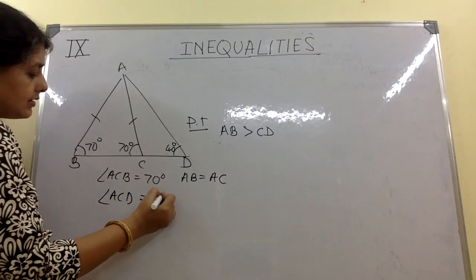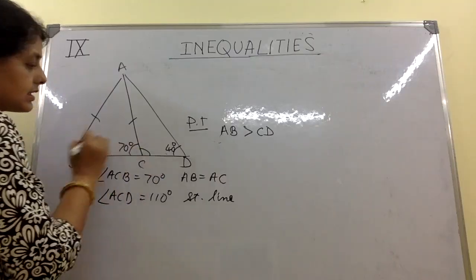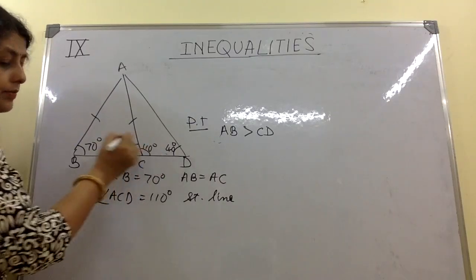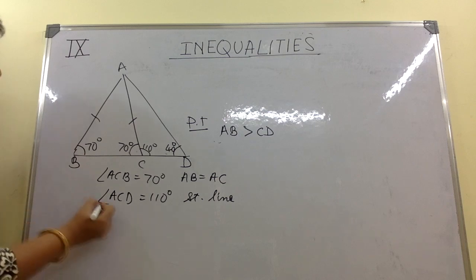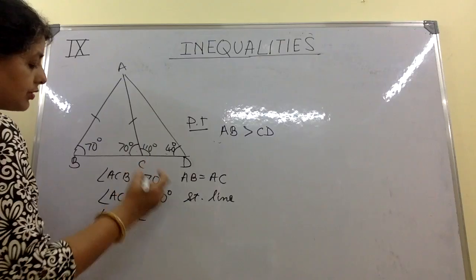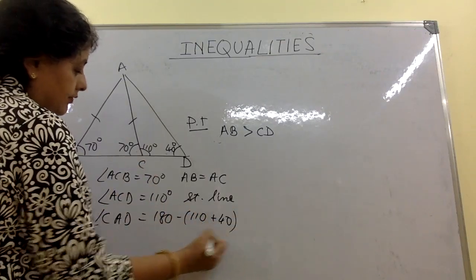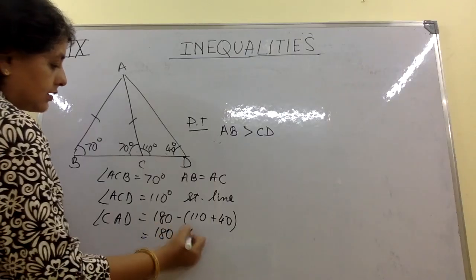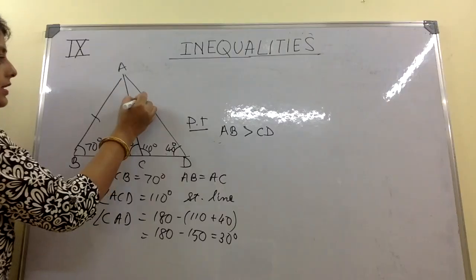That is 110, because it is a straight line. Now how much is angle CAD? Angle CAD is equal to 180 minus (110 plus 40), which is 180 minus 150, which is 30 degrees. So this is 30.